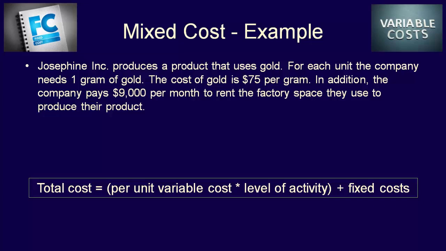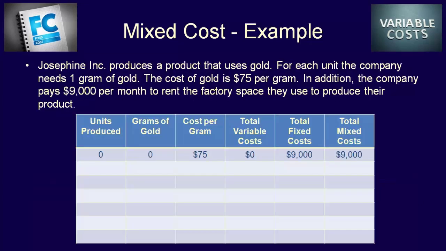Remember, the formula is total mixed cost equal to (variable cost per unit multiplied by the level of activity) plus fixed costs. So, at 0 units, the total mixed cost is equal to 0 multiplied by $75 per unit plus $9,000, which is equal to $9,000. At the level of activity of 0, the total costs are $9,000.